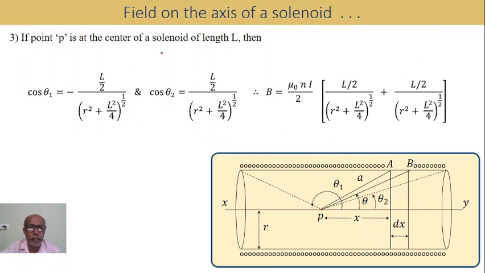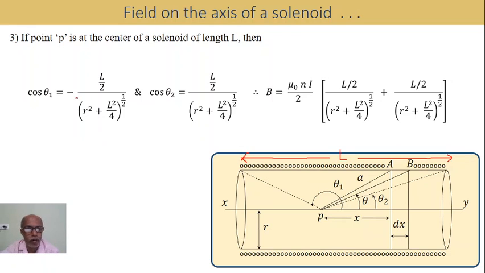If point P is at the center of a solenoid of length L, then the magnetic field at the center of such a solenoid is found as follows.